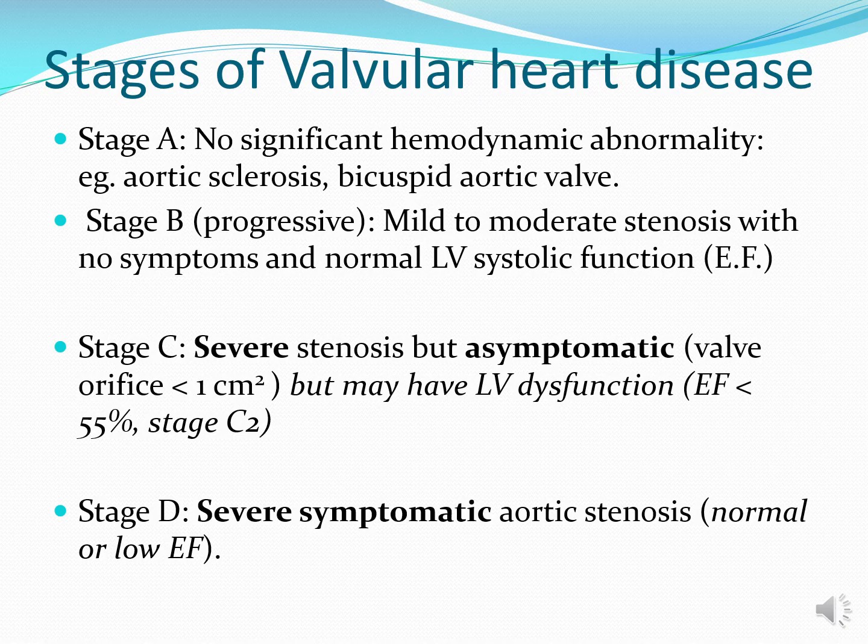For example, if somebody has a bicuspid aortic valve and he has no symptoms and he has no gradient across the valve, then he will be in stage A. When he begins to develop a mild stenosis or mild regurgitation, but he still has no symptoms and he has normal left ventricular function, he is in stage B.